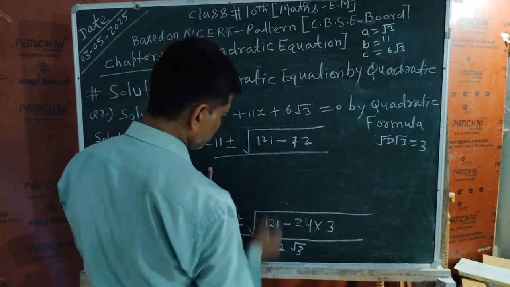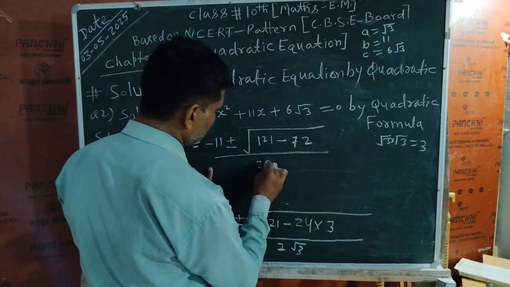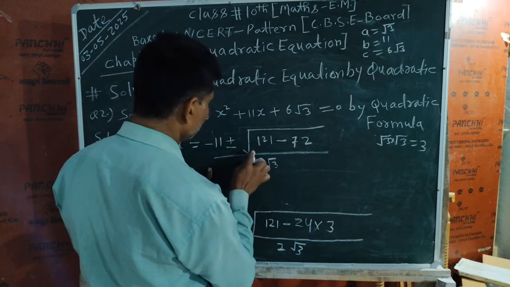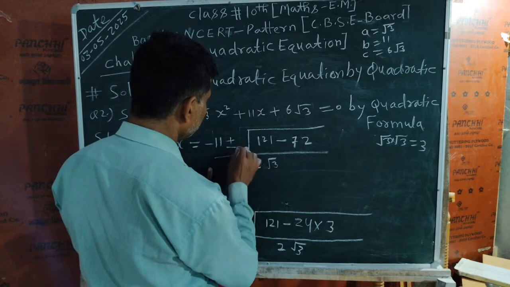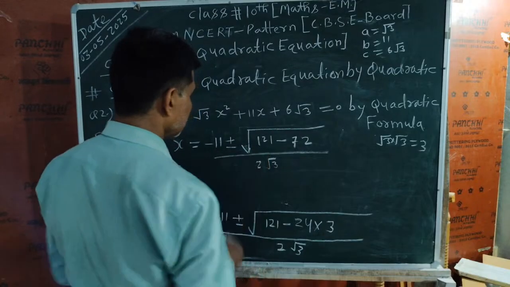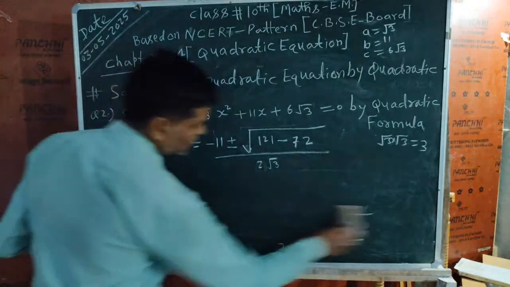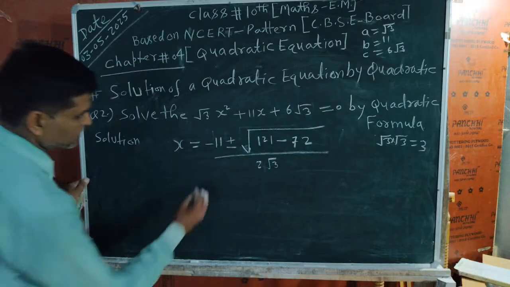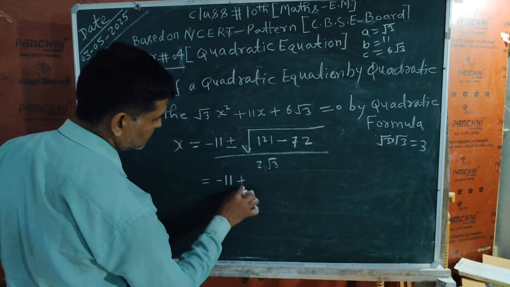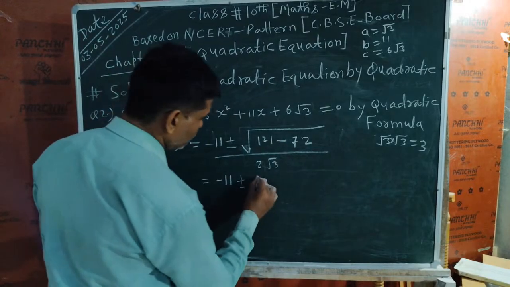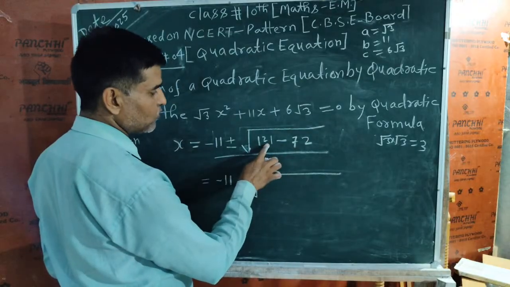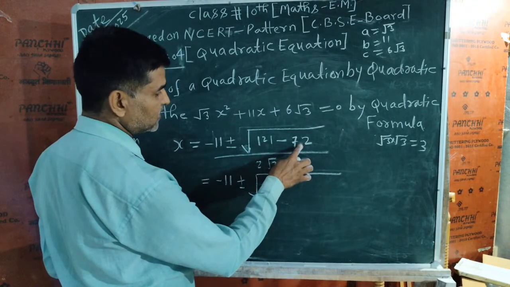Divided by 2 root 3 below, so here I will put 2 root 3. Now I am going to simplify it like this. Here the arrow is erasing, and I am erasing the data below. Now I am putting minus 11 plus minus, and then here I am going to put the square root. I will subtract 72 from 121.